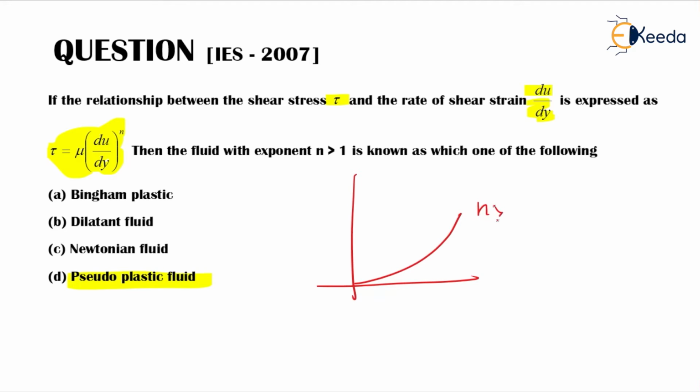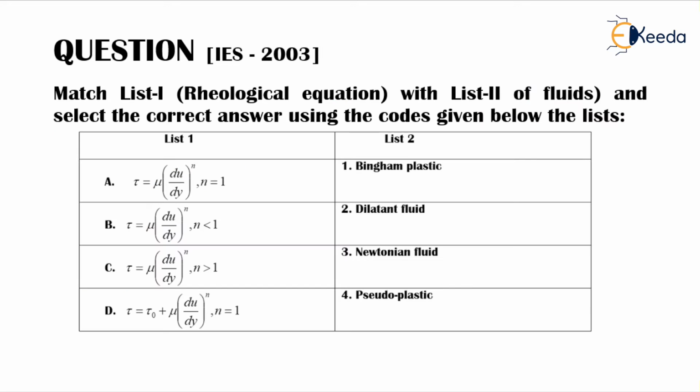So here the n value was greater than 1, but there is no initial value of tau. Tau naught value is 0. So it cannot be Bingham, it cannot be dilatant because for dilatant n will be less than 1. Newtonian it cannot be, and it should be pseudoplastic. So D will be the correct answer for us.